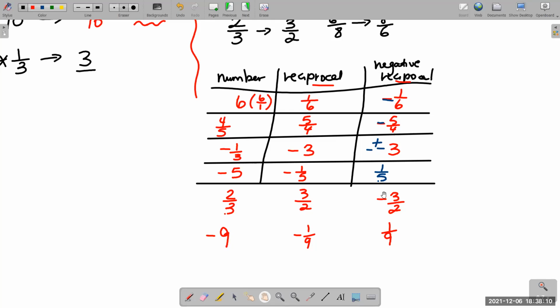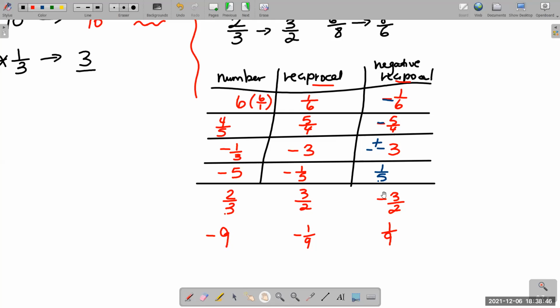Let me know when you guys finish copying down. And once you finish, send me your ranking in terms of understanding the concept of the negative reciprocal. So do you feel like you understand it at a 10, a 9, an 8, a 5, a 3, a 1?